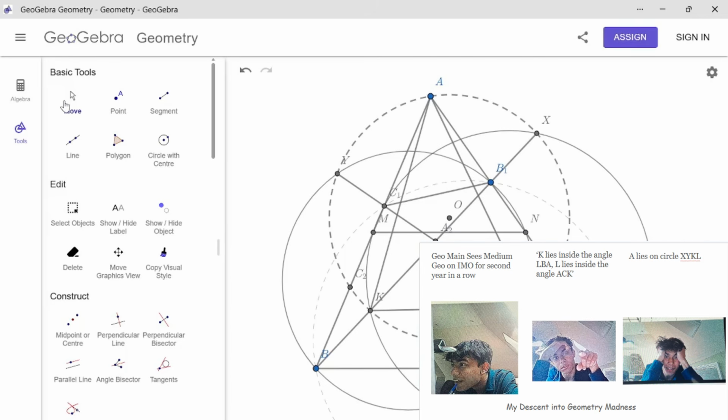So BK times BX is BM times BC1. That should be quite useful actually. Okay. So we want to show, or we know that BC2 times BA equals BM times BC1 because they're both equal to BK times BX, and BA is 2BM.